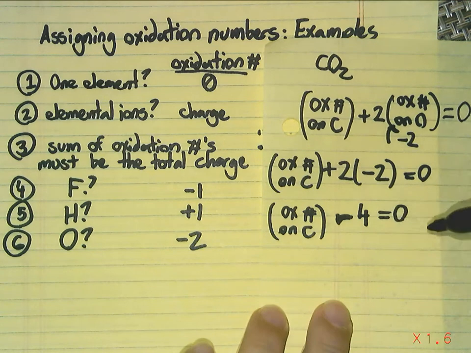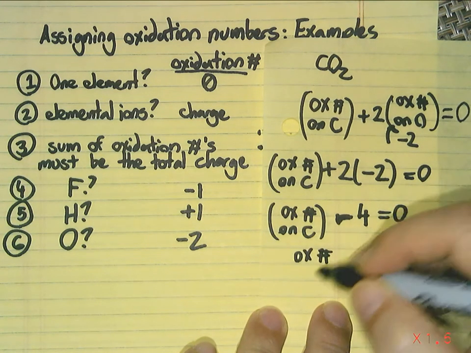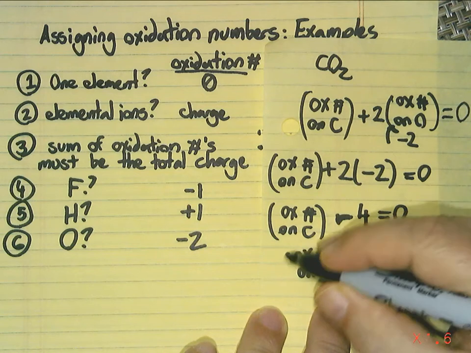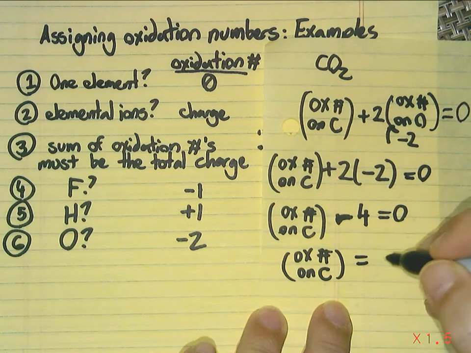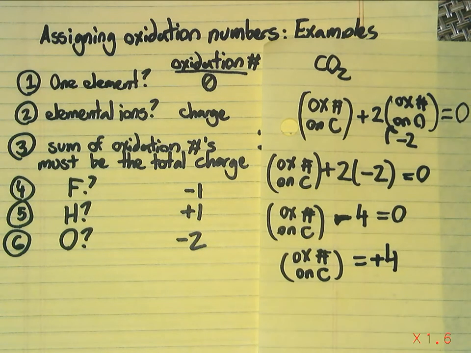And then if I add 4 to both sides, I get the oxidation number on the carbon is equal to 4. I can say +4. So I found that the oxidation number on the oxygen is a -2. The oxidation number on the carbon is a +4.